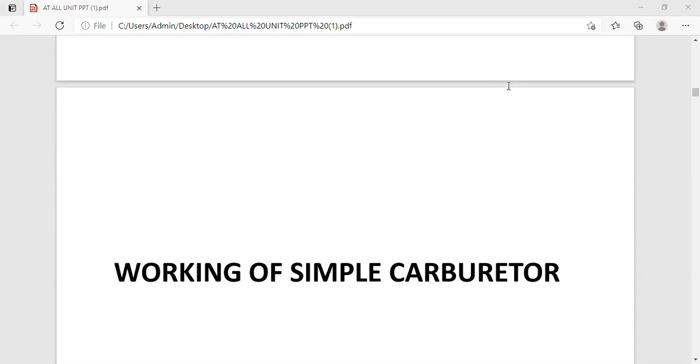So this is the basic definition of carburetor and carburation.